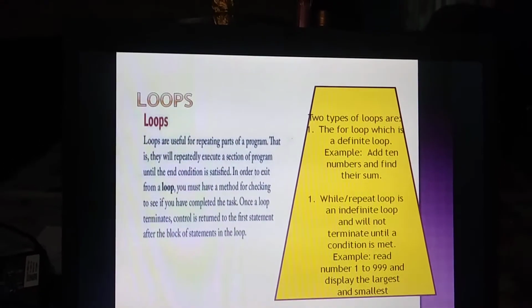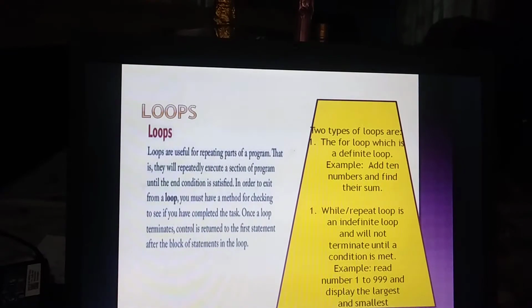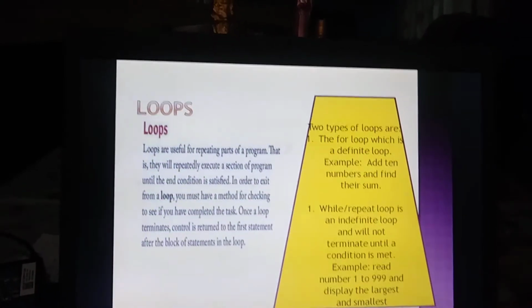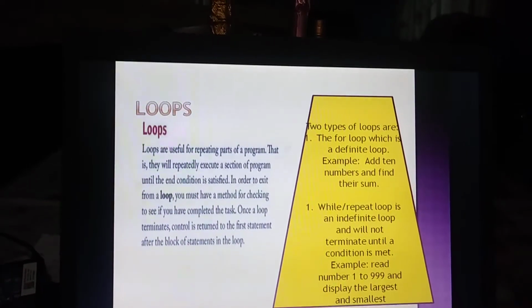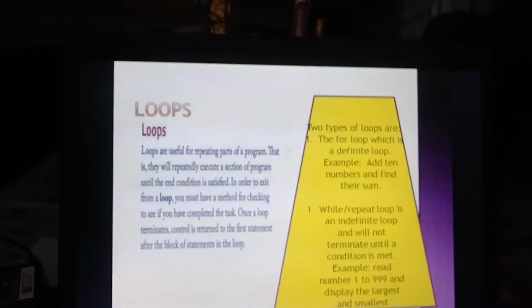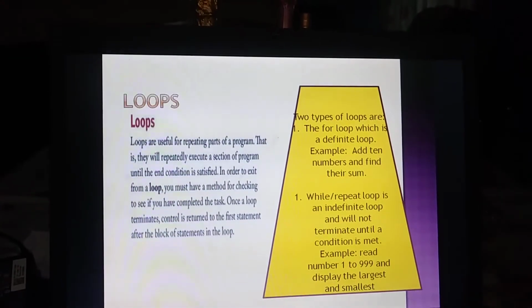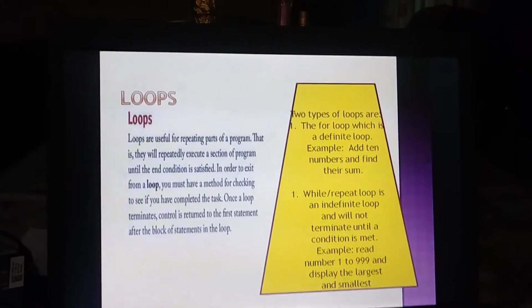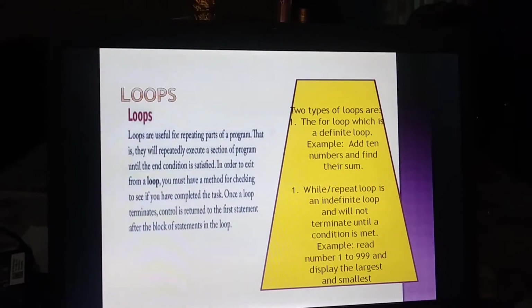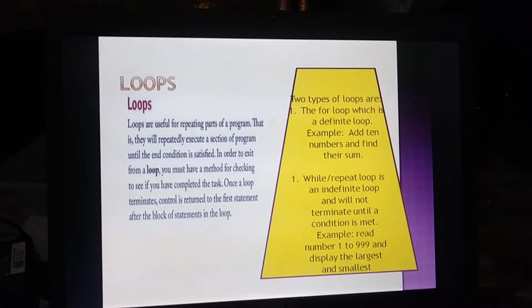In order to exit from a loop, you must have a method for checking to see if you have completed the task. Once a loop terminates, control is returned to the first statement after the block of statements in the loop. You can recall this when you completed your SBA. You had to carry out certain instructions until a criteria was met.